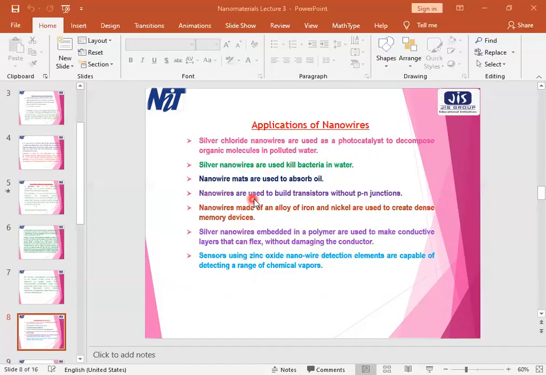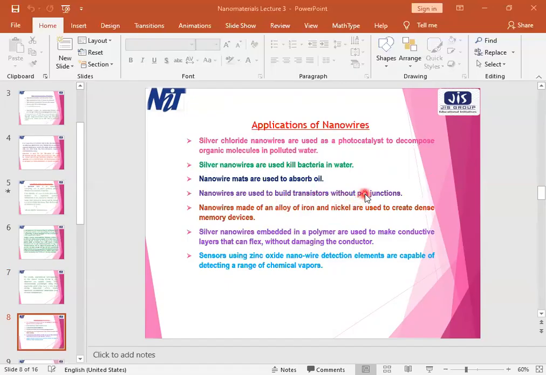Okay, nanowires are used to build transistors without a PN junction. You see, this is a very, very important thing, or you can say a new advancement in the field of electronics, that without using any PN junction, no junction is required. Nanowire can act as the PN junction diode, can act as the transistor.